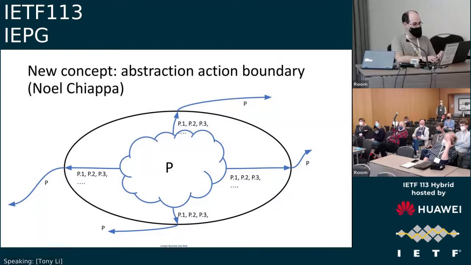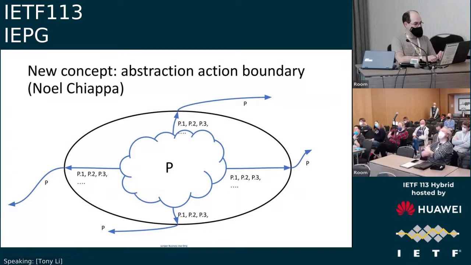And here I'd like to give full credit to Noel Chiappa, who came up with this idea long ago, and it never got written down. The basic idea is that you don't have to do aggregation right at the same place where the prefix actually exists. You could do it several hops away.